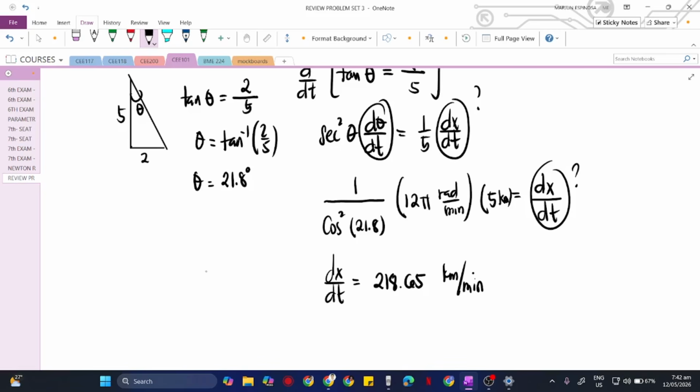So, that is our answer for this problem.